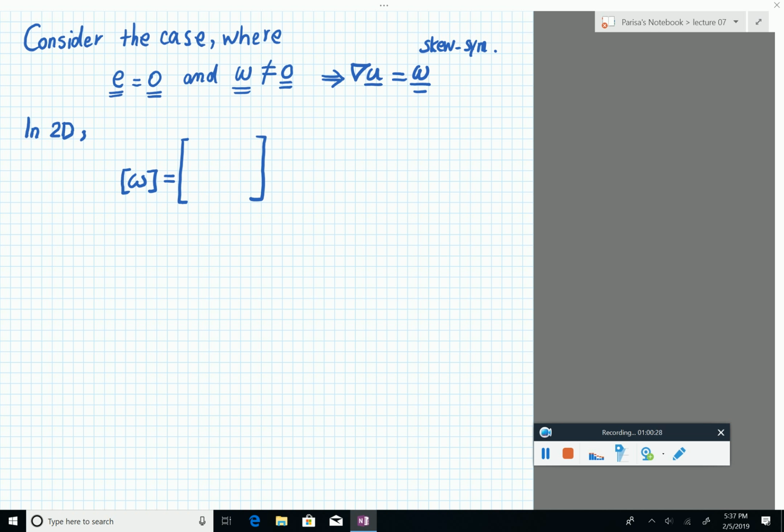How does it look like? Exactly. And here, if I call this one 2, this is negative of that, right?